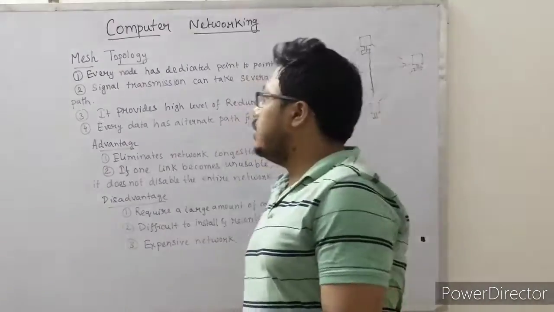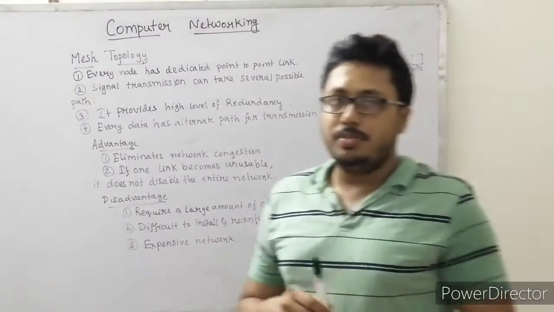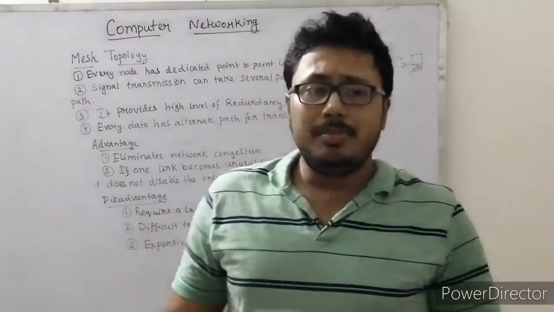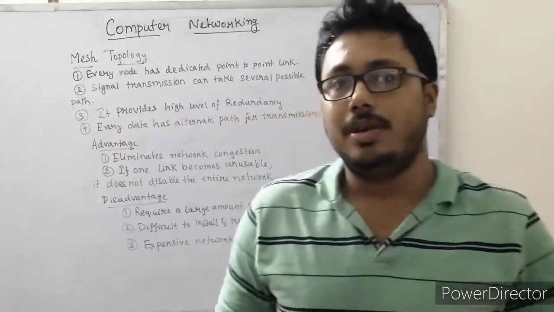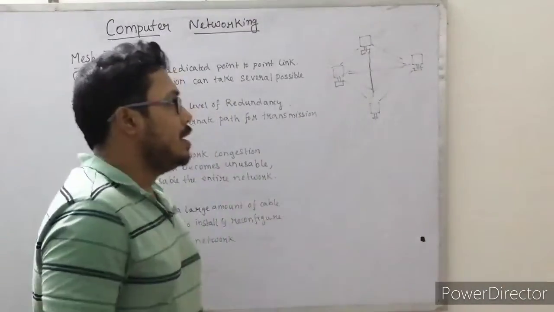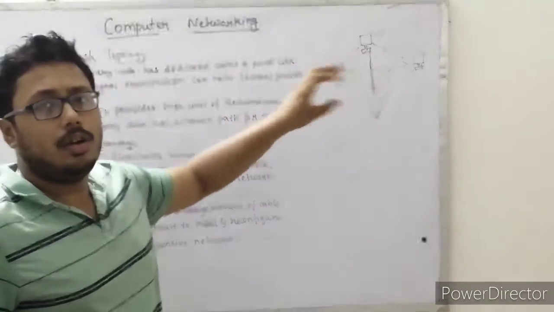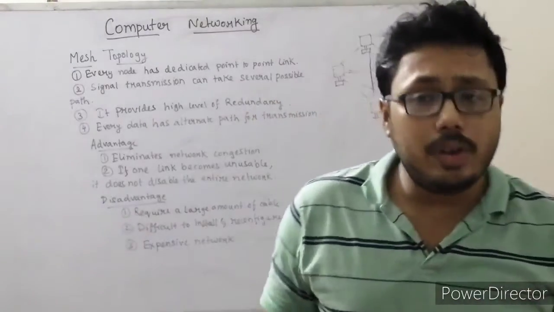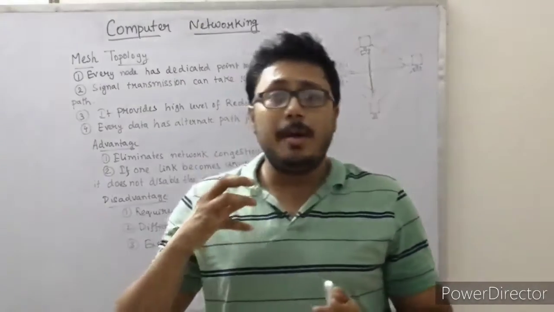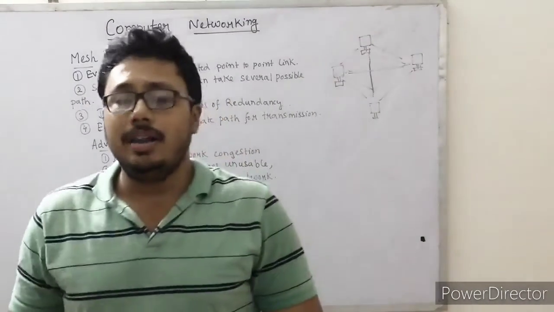So now let us learn the last topology, which is mesh topology. The term mesh itself symbolizes that it has a meshwork-like structure. The structure is like a wave. See, all computers are connected with each and every computer. So what is the benefit of this? What is the main aim of this network?